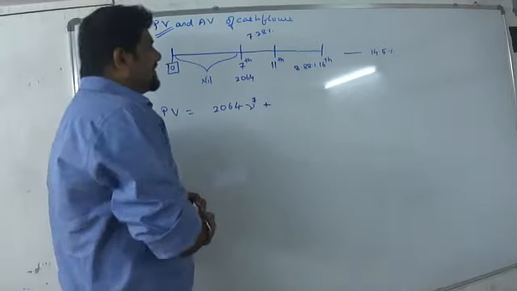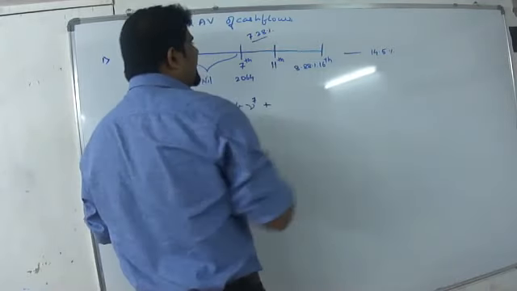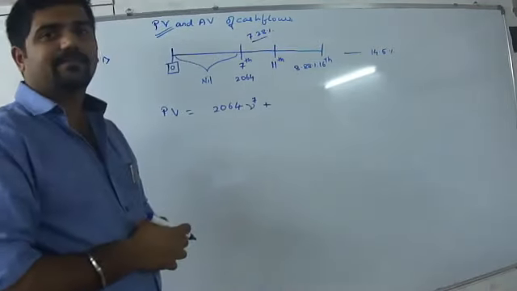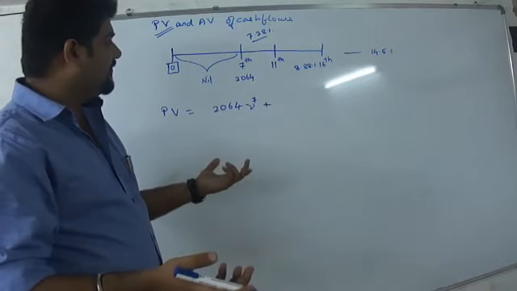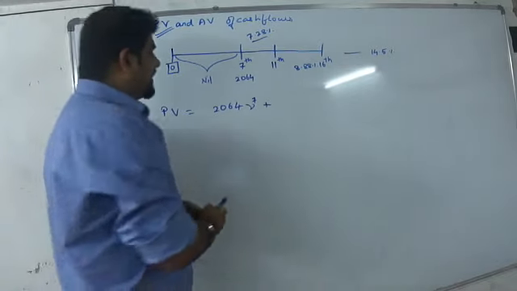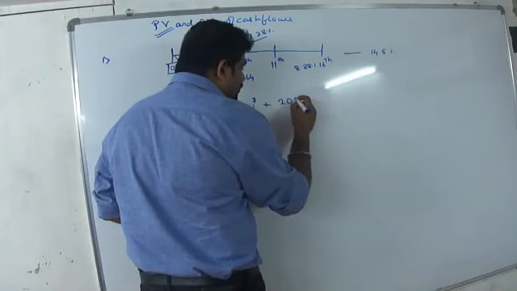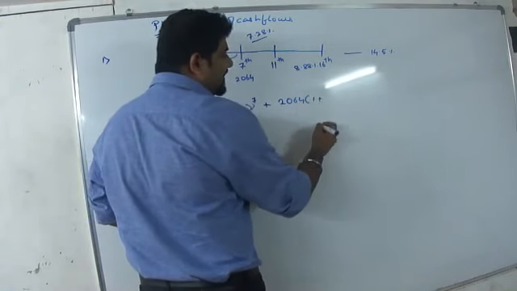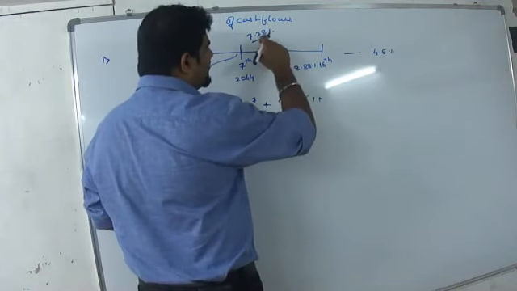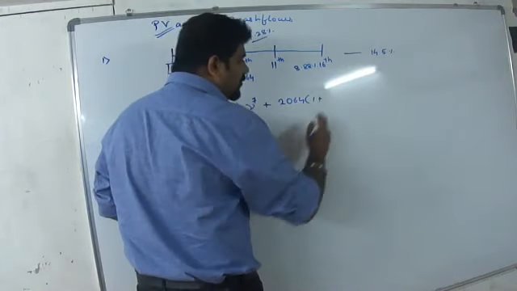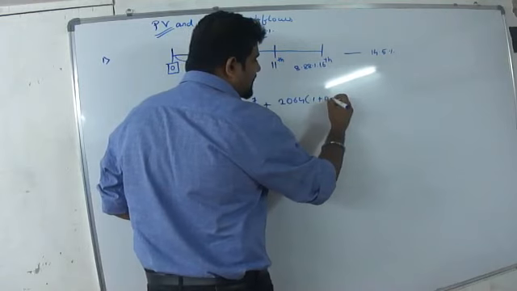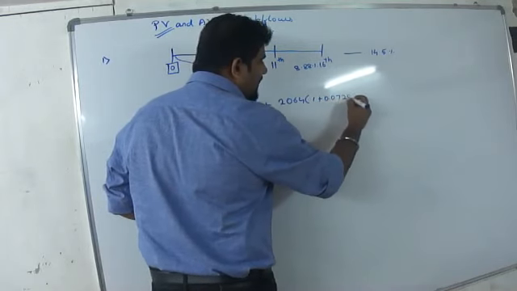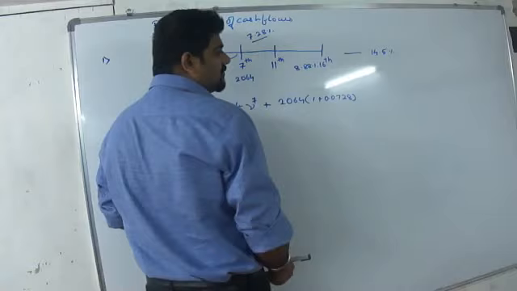Let's see, they are saying that it will increase by 7.28%. So we have our compounding formula. I can directly multiply my 2064 with 1 plus i. What is the i with which it is increasing? 7.28%. What is 7.28%? 0.0728 to the power 1.